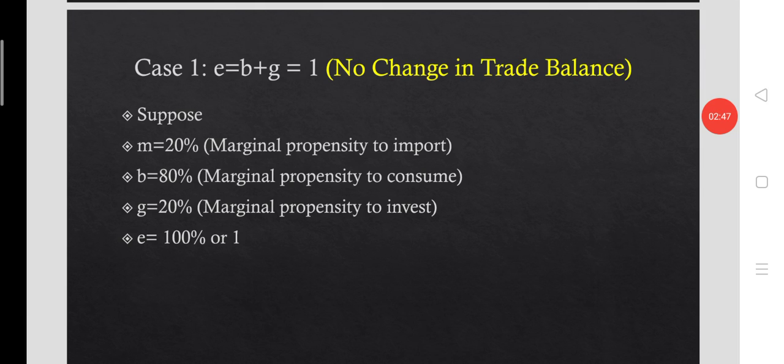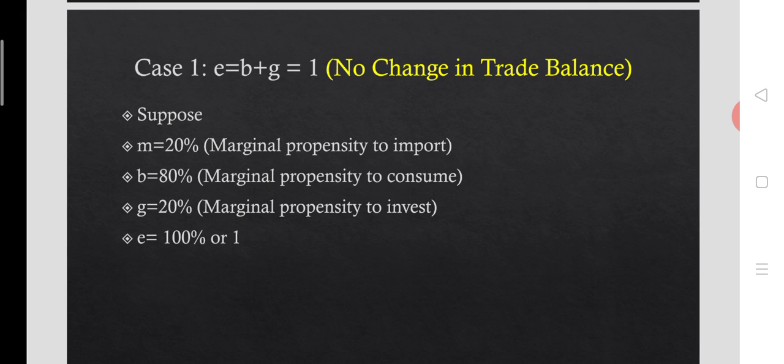So let's look at these three rules as three cases. So let's look at case 1, where marginal propensity to absorb E is equal to B plus G. Suppose its value is 1.